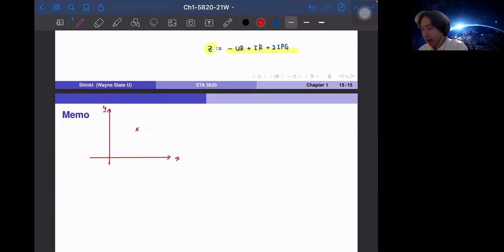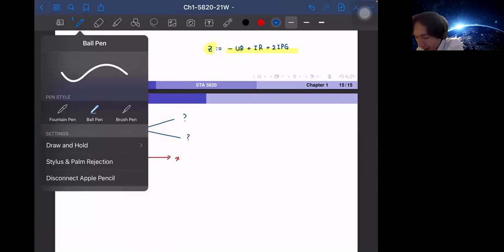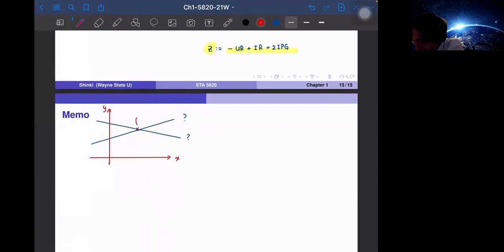Then we cannot really determine the line. Suppose this point is (2, 3). How do we determine the line? As long as y minus 3 is equal to a times x minus 2, any line that goes through (2, 3) should be fine. So y is equal to ax minus 2a plus 3, right?